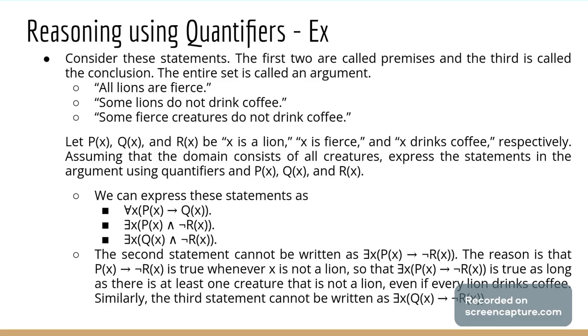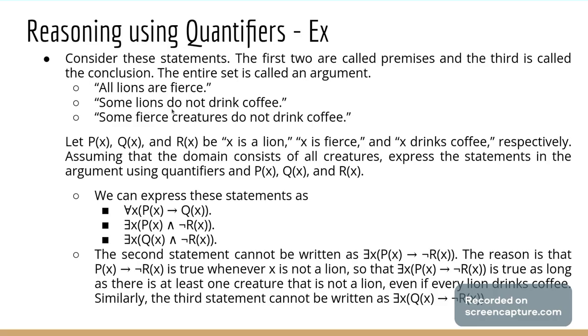So let's first make simple predicate statements. Let X be lions, so the domain is lions. P of X is fierce. Q of X is X drinks coffee.